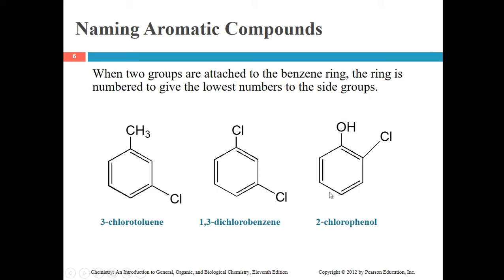So we're going to assume that the 1, since we have another item on here, everything is numbered from that. So this is carbon 1, so this would be carbon 2. That's all we have to say: it's 2-chlorophenol. We do not have to say 1-phenol because the numbering is automatic, it's going to start at that.